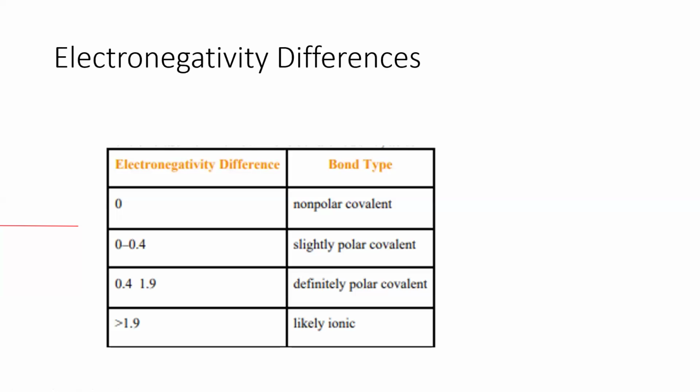See here, 0 to 0.4 is slightly polar covalent. The electronegativity difference falls between here. So it's slightly polar covalent.